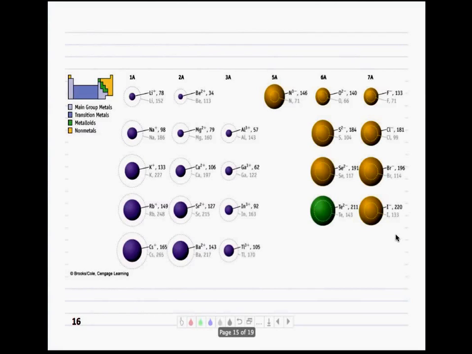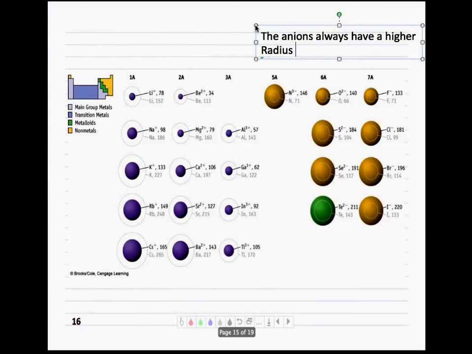Now, when I'm looking at the cations and the anions in the same period, always the anions are going to have a higher radius than cations. This is the rule of thumb. Always the anions in the same period are going to have a bigger radius than the cations, than those that lost electrons.